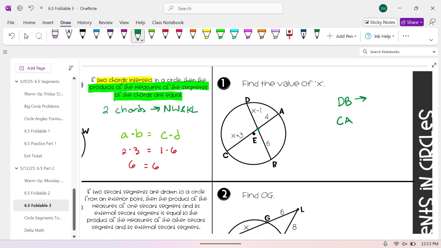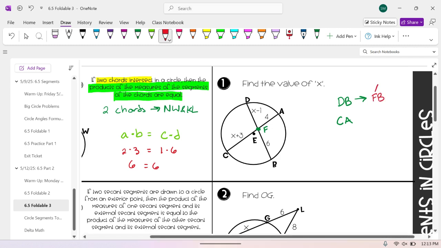Let's call this point here F, because the center is E. But let's call their intersecting point F. What is one part of DB? So if I cut DB into two pieces, what's the length of one piece? 6. So that would be from F to B, and that's 6.